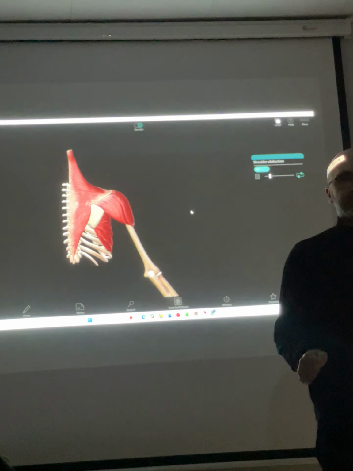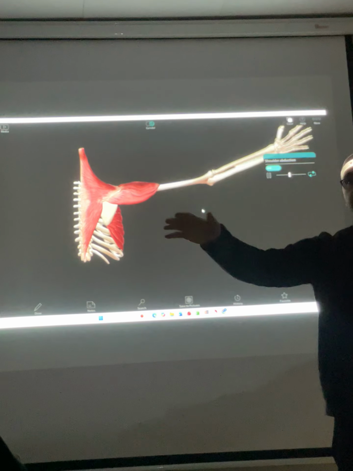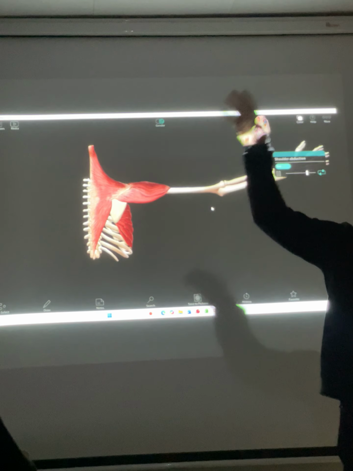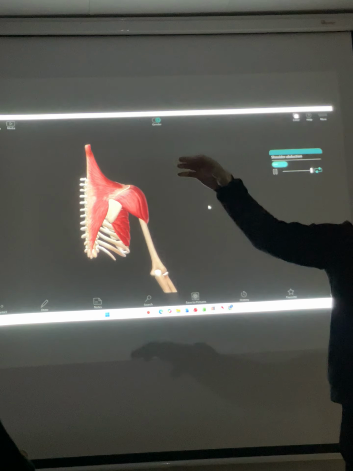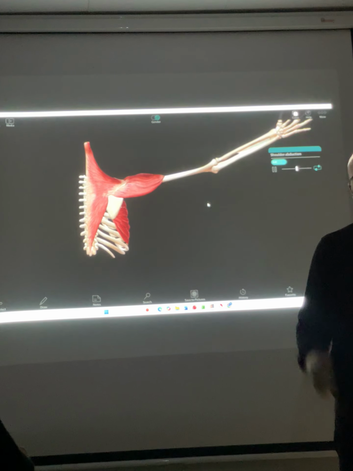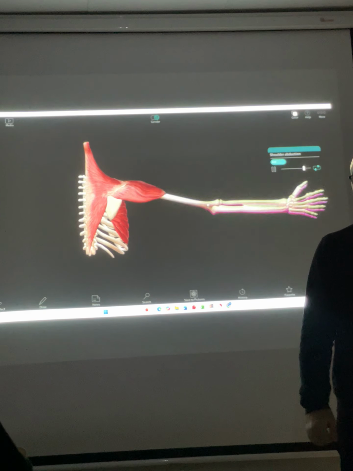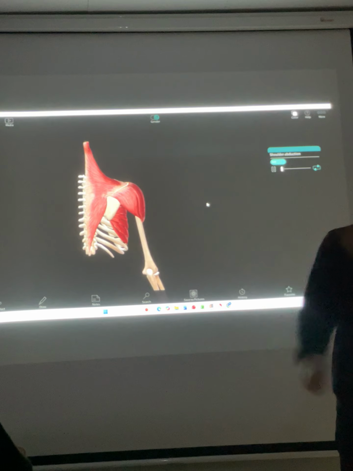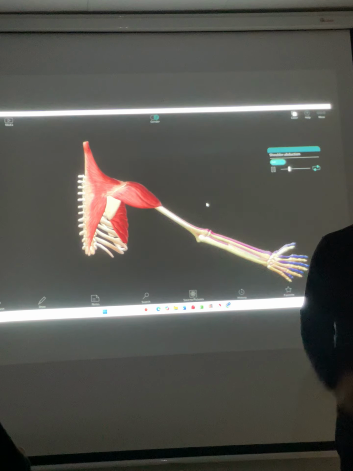Basketball players, you know basketball, right? They're doing the hand all the time like that, right? So which one is working mainly? Supraspinatus. Which one is stronger, supraspinatus or the deltoid? This small one is stronger than this bigger deltoid? The deltoid is stronger.